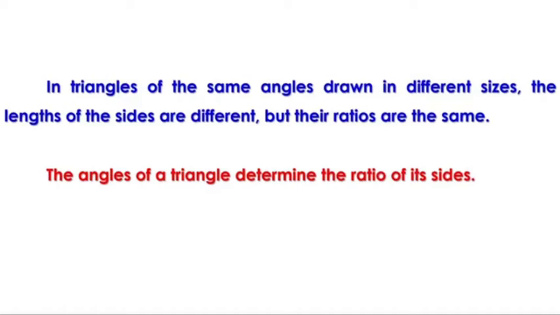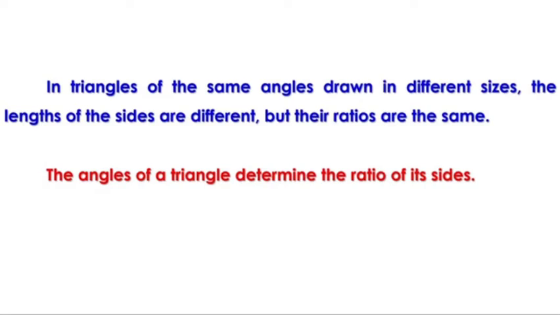If two triangles have the same angles, then their sides are in the same ratio, even if the sides are different.